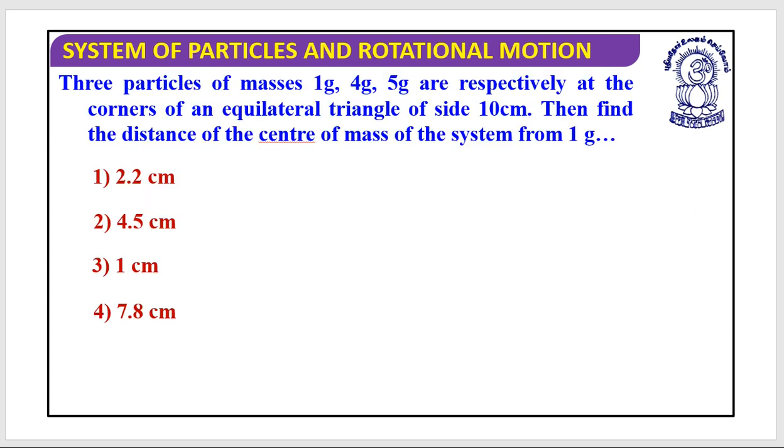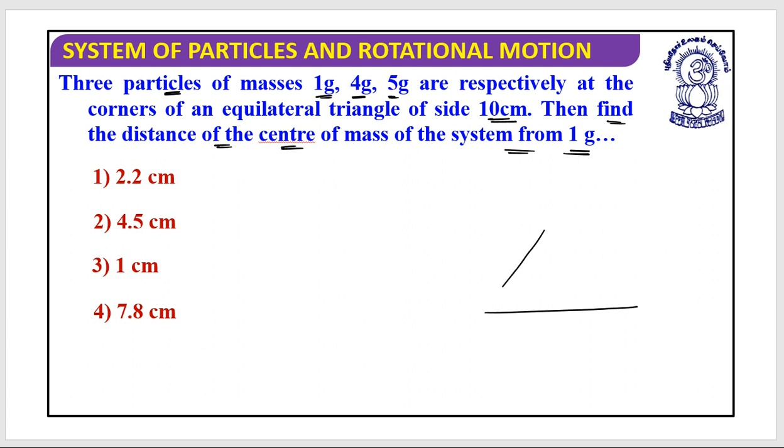Let's have a look. The question says three particles of masses 1 gram, 4 gram and 5 gram are respectively at the corners of an equilateral triangle of side 10 centimeter. Then find the distance of the center of mass of the system from 1 gram. The situation is something like this.